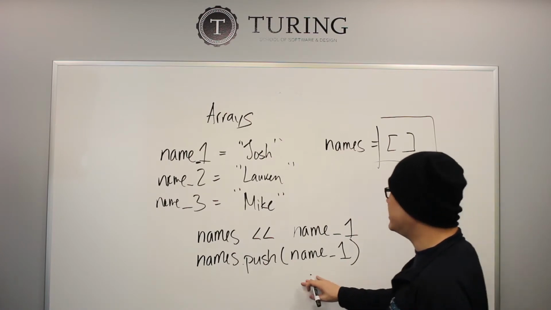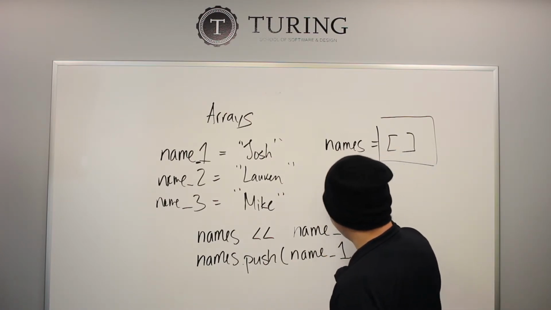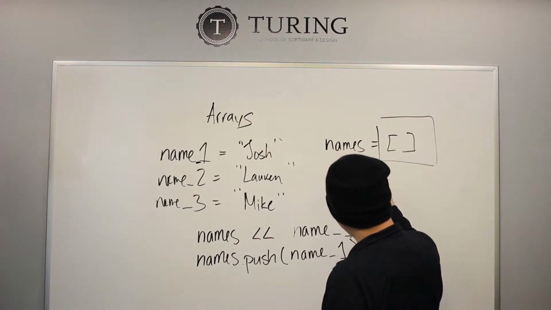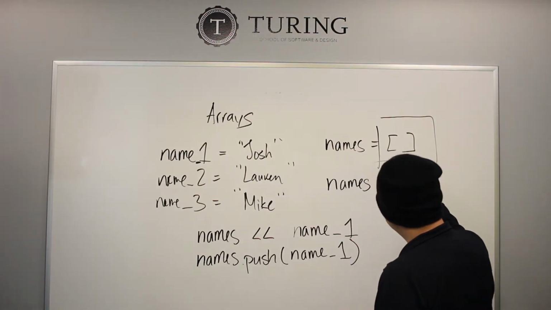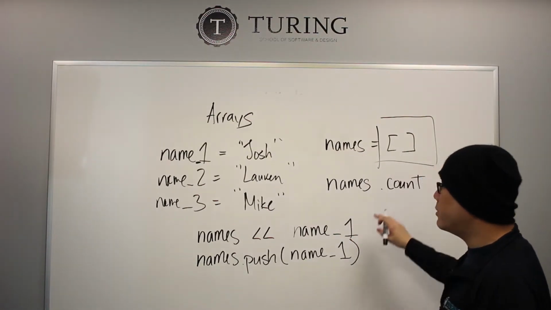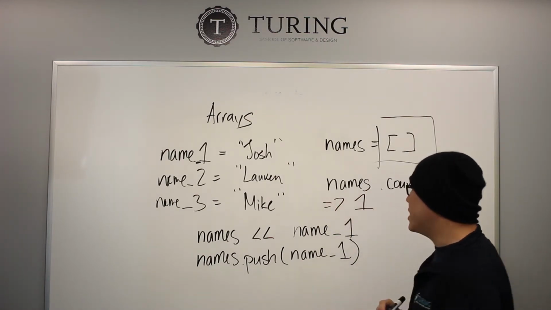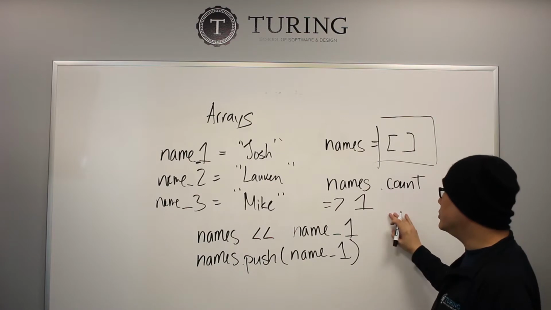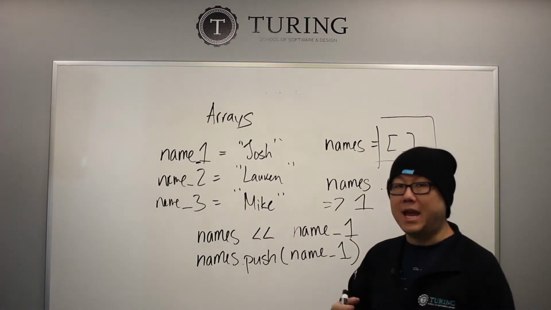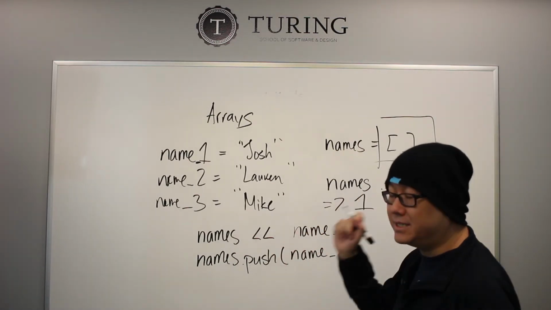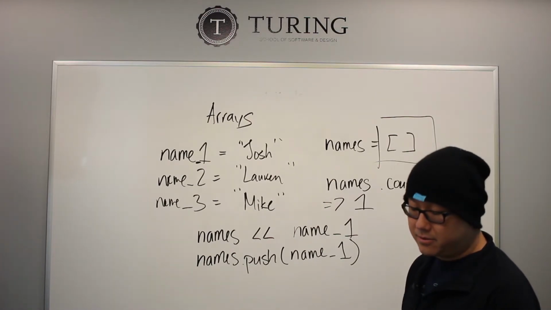To verify that this works, we can once again type in names.count in IRB, and we can now see that this gives us back the value 1 as opposed to 0 before, because now we have one item in the array, which is exactly what we want. It's fantastic.